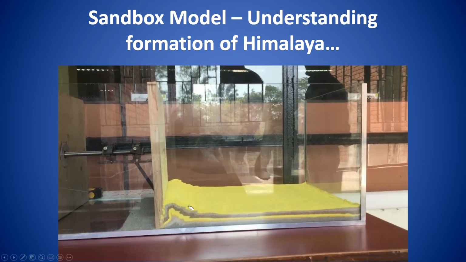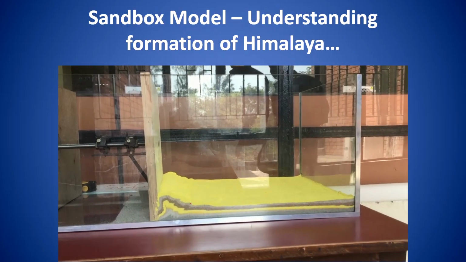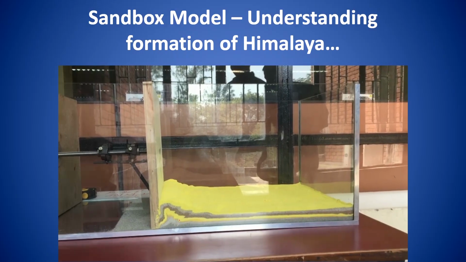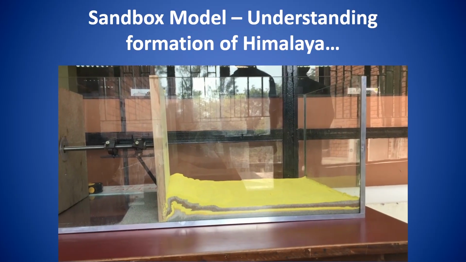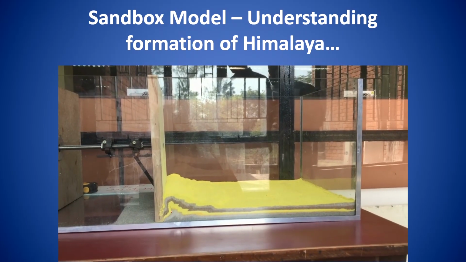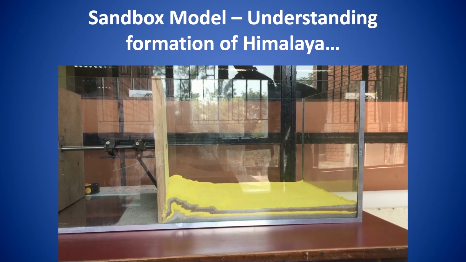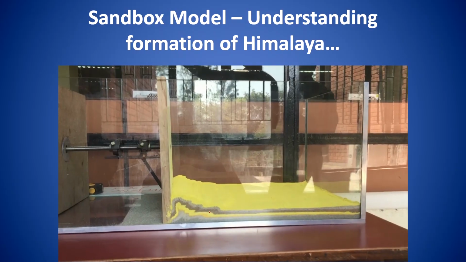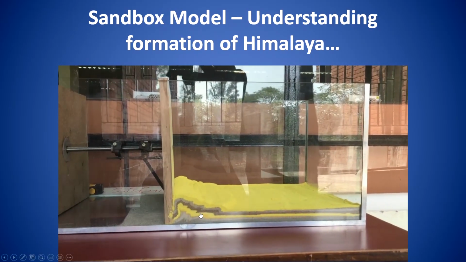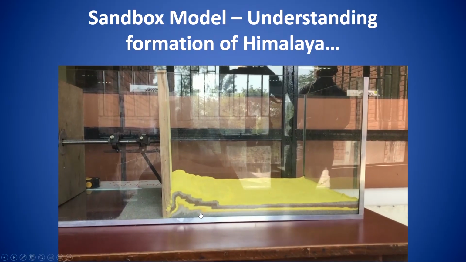If you see this one here, you have the clear-cut displacement, and slowly we observed that the deformation which was taken up by this area has been transferred further to the foreland side. Okay. And that is how we see the formation of different hill ranges. Okay.